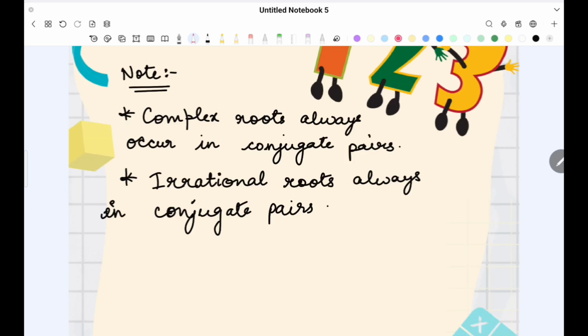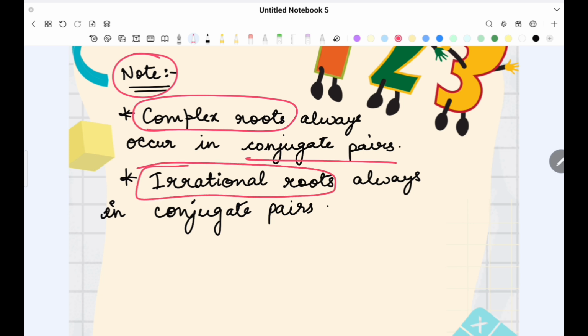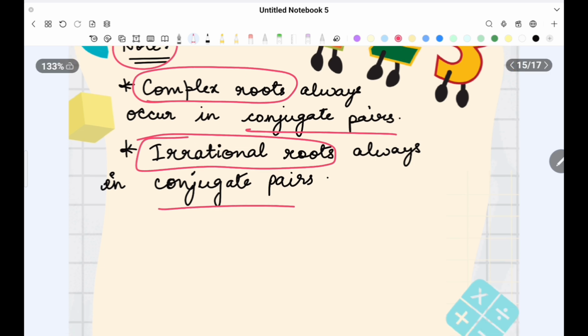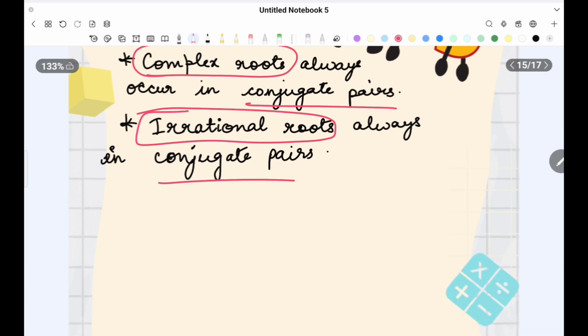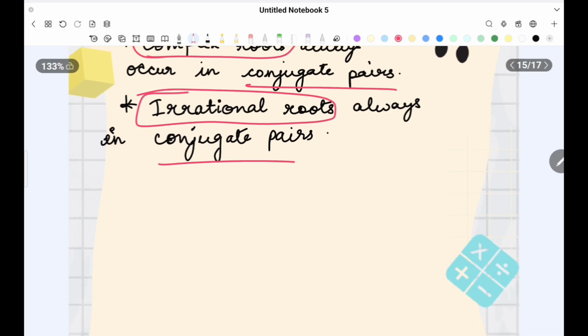Now make a note point that complex roots always occur in conjugate pairs and irrational roots also occur in conjugate pairs. Now you must be thinking, what are conjugate pairs? Conjugate pair मतलब कि एक बार plus और एक बार minus. Let me give you an example. Let us say x1 is equal to 5 plus 2i. It is a complex root.